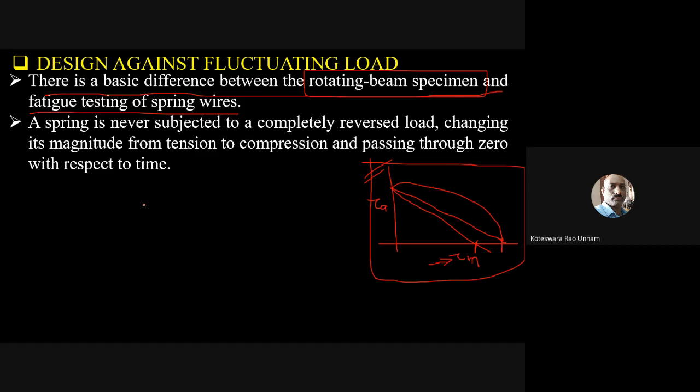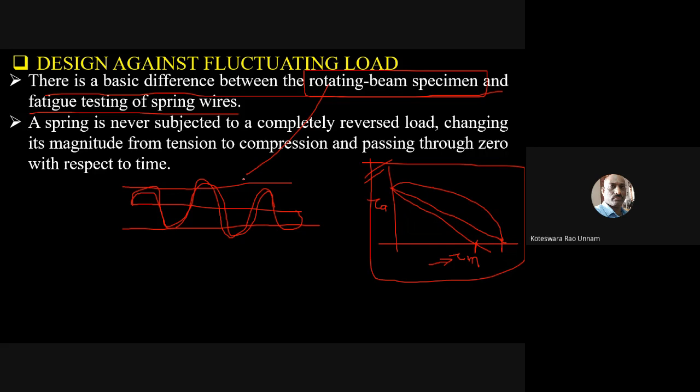In a rotating beam specimen, what type of load do you use? You use a completely reversible stress. That means on one side it is the maximum negative value, on the other side the maximum positive value. We call it a completely reversible load.